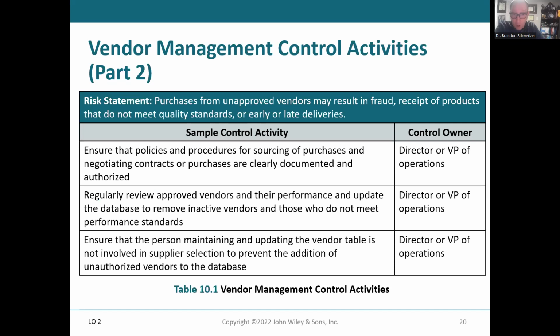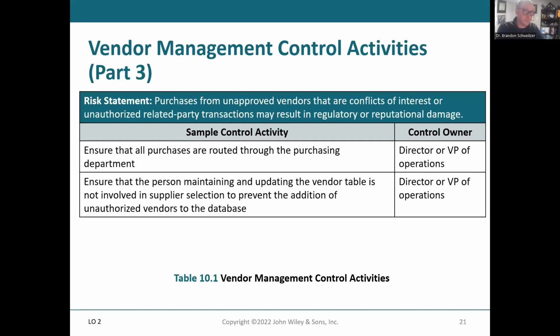Regularly review and audit your vendor list, make sure that everything's up to date, and that everyone's meeting standards. And of course, ensure that the individuals maintaining the relationship with the vendor table are not involved with those vendors in any way that may be unethical.